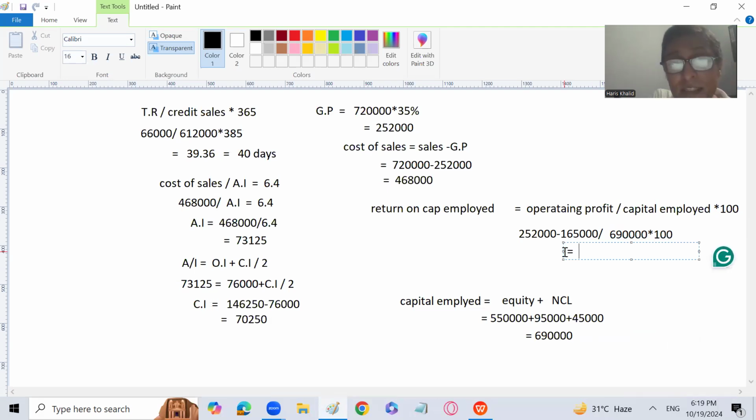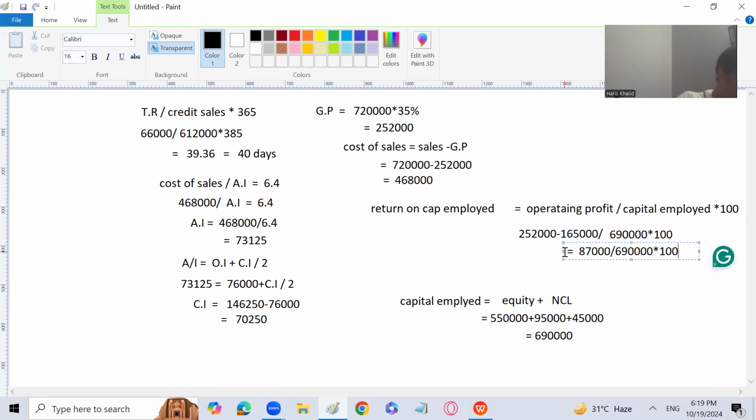because it's a percentage. Return on capital employed basically tells you how much return you are getting on your investment. And you have made an investment through two different sources. One is from the equity or the capital, and the other is you have taken a loan, which is a non-current liability. The 2,52,000 minus 165,000, that is 87,000, divided by 6,90,000 and multiplied by 100.